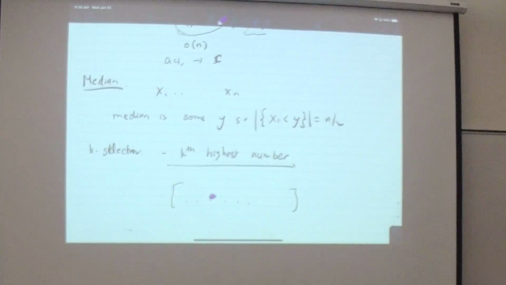I don't know where it is, but it's somewhere hidden, and I have to search for it. So what I'd like to do is somehow be able to eliminate at every step a large fraction of things that I'm pretty certain are not the answer.